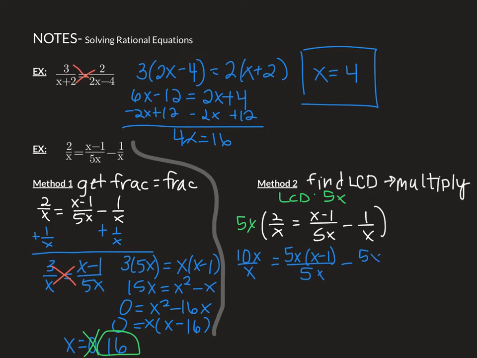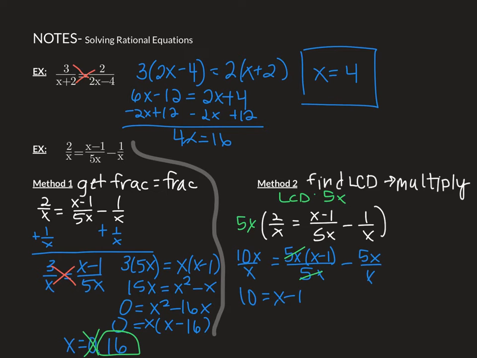Minus 5x over x. Okay, well that doesn't actually look much easier yet, except I can take 10x over x and reduce it. And what do I get? I get just 10. And I can take 5x times x minus 1 over 5x, and I can reduce this, and I get just x minus 1.